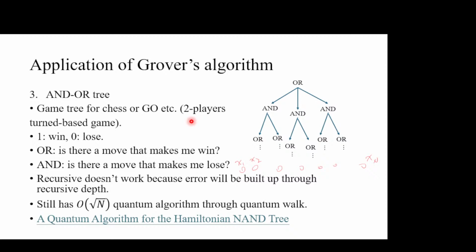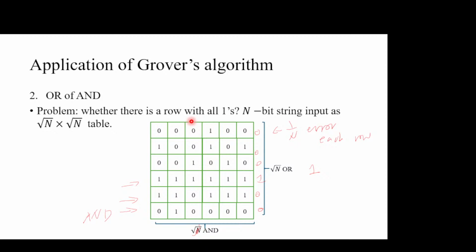Now things are actually getting a lot more useful. Before, with this OR of AND function, we thought it was a pretty artificial function. Maybe some theorists just want to compose an OR function and an AND function, and why would we want to calculate this?